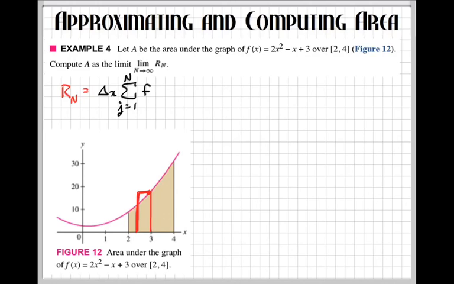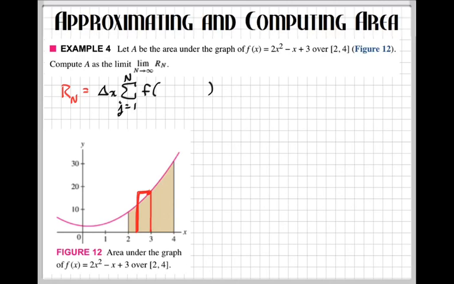Then we use this function to calculate the heights of each of our rectangles. We're doing base times height to find the area of each rectangle, but we factor out the base since the base is the same for each rectangle, and then we use this to find all of our heights.